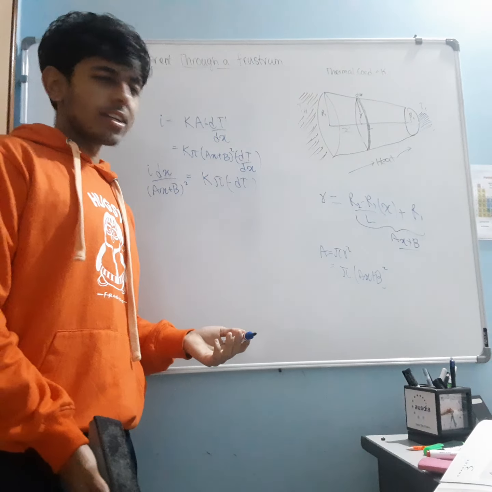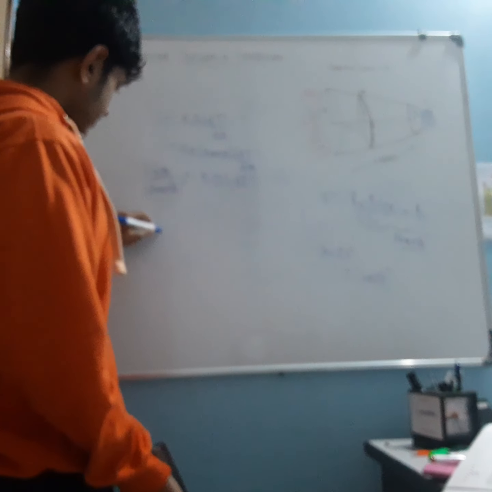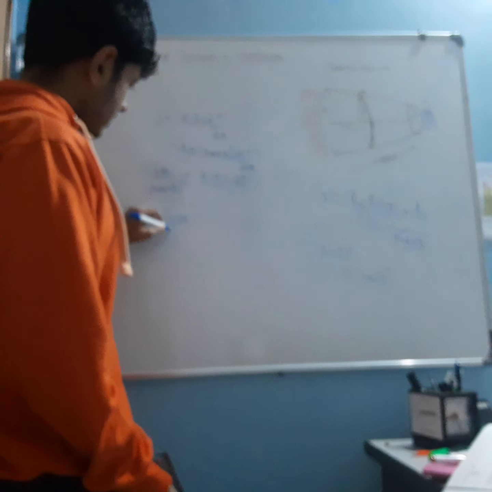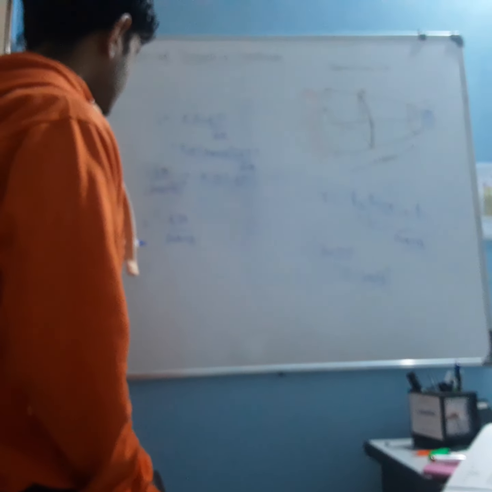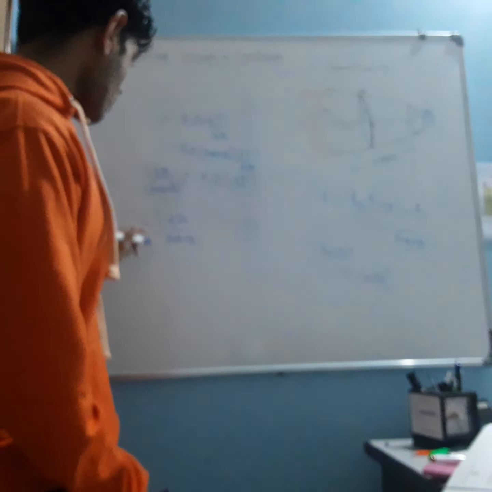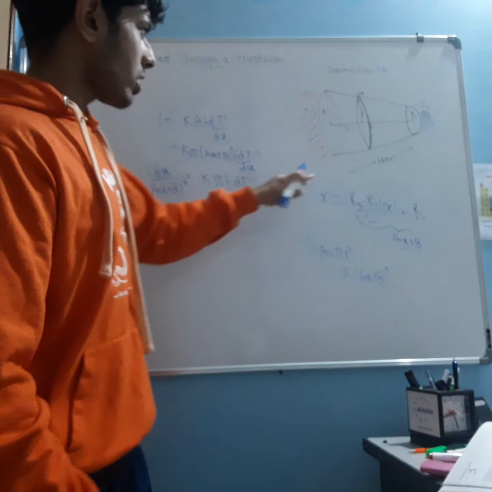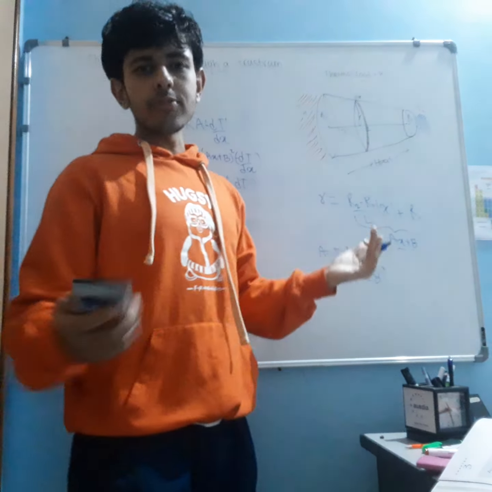What exactly are the integrating limits, you might wonder? Let's get to that. We're integrating from where x is 0 all the way to where x is the length of the frustrum.